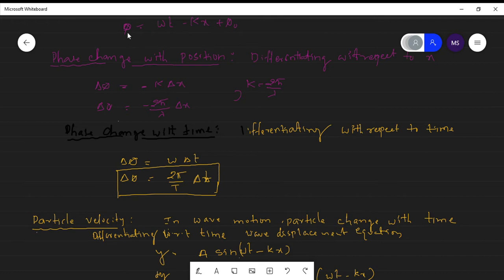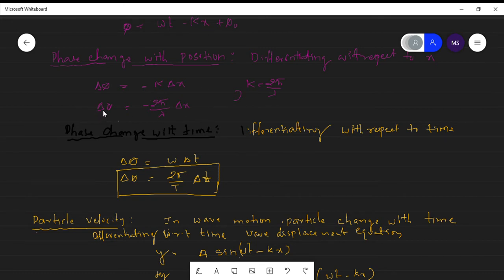So delta phi is equal to minus k into delta x. Here omega t and phi naught are constant, so the change in their value is exactly equal to 0, and these two terms are omitted.